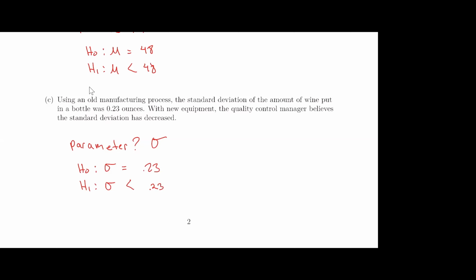Cool. All right. So this is called a one-tail test, and more explicitly, it's called a left tail test. The same thing could be said about the last problem that we did.